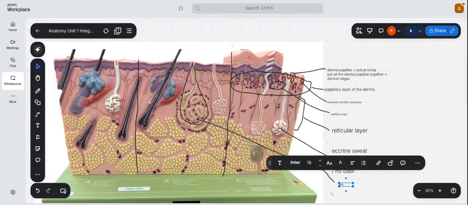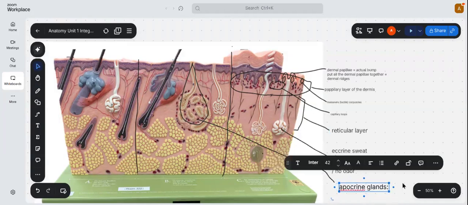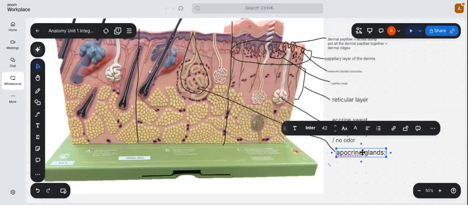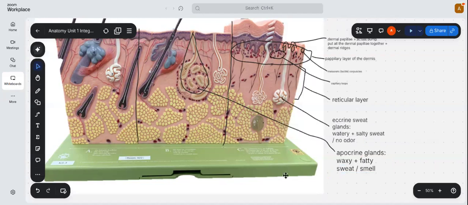So the apocrine sweat glands are in charge of that waxy, fatty type of sweat that you get under your armpits. So waxy plus fatty sweat, and this one does smell. So it does produce an odor.